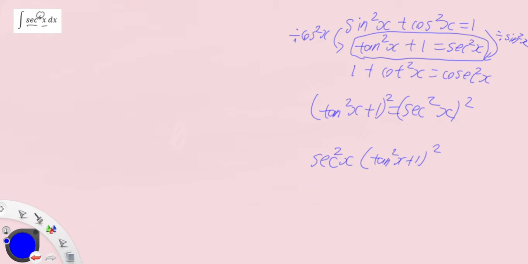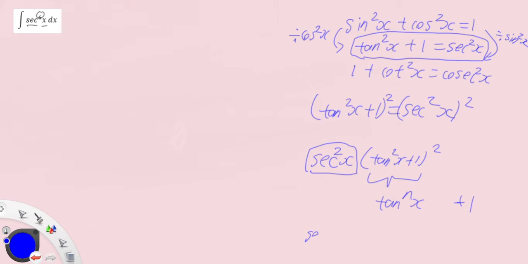And what do you notice? Over here, you get varying powers of tangent x, and of course, constant plus 1. You have a factor secant squared multiplied to each of these terms. And what is so special about secant squared x and tangent x?